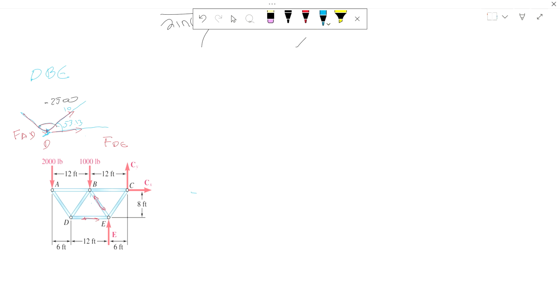This angle is 73.74, and this is F D to E. We have this, we have that, we need to do F D to E. All right, so F D to E is pretty simple. We can use just the triangular shape that we had here.